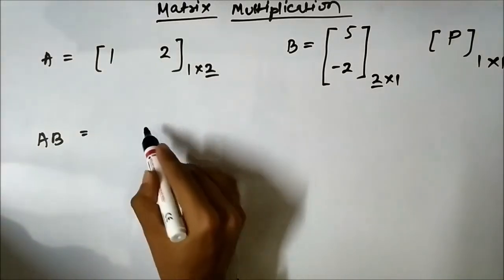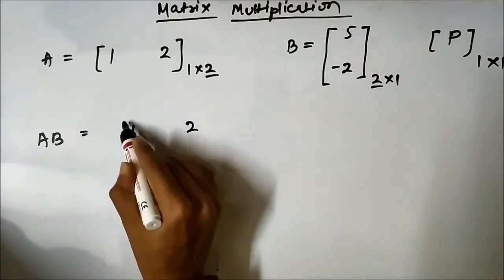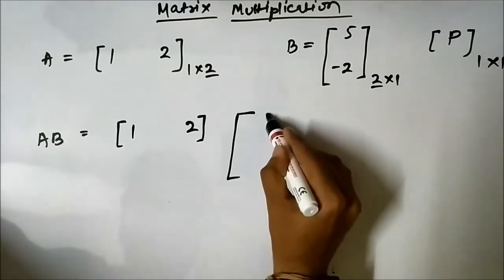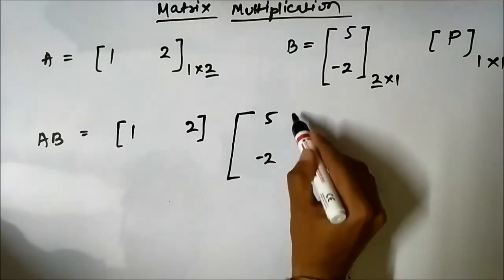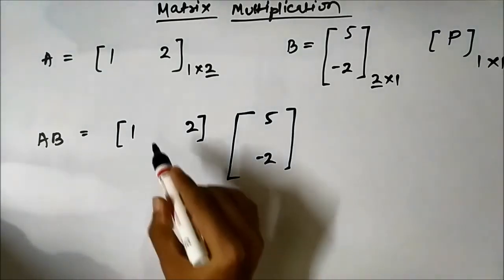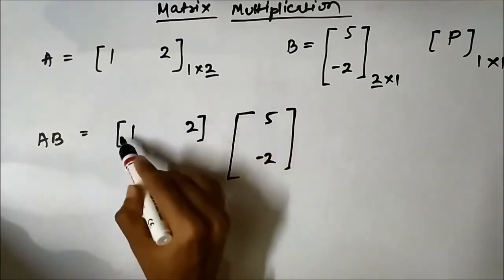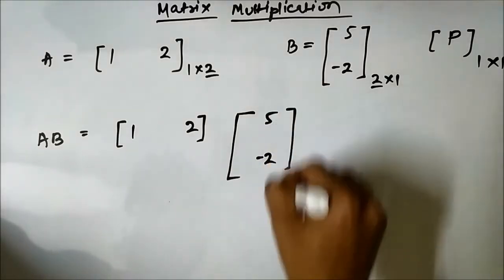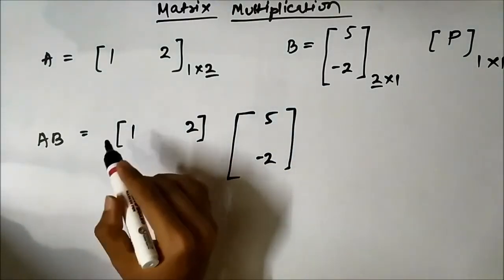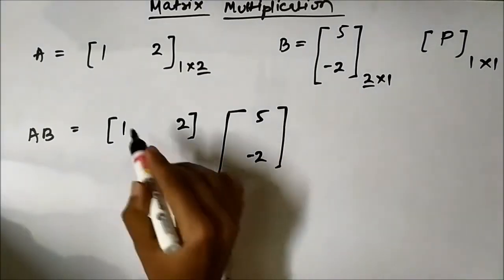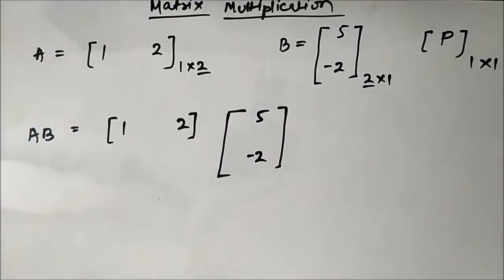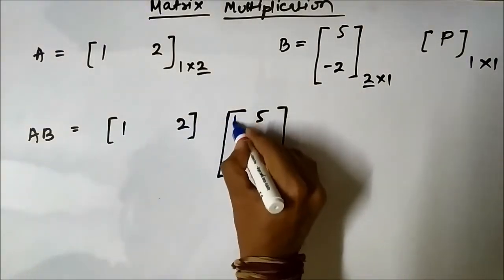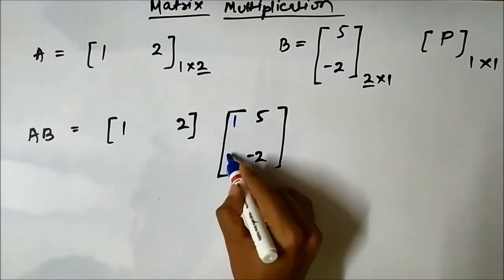See, 1 2 and this is 5 and minus 2. So this row is multiplied with this column. Just imagine this 1 comes here and this 2 comes here.